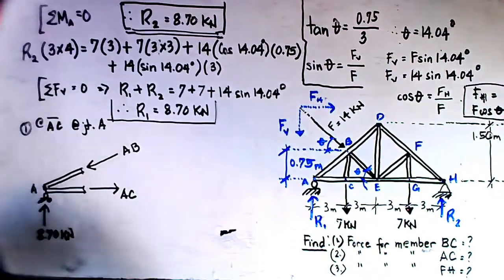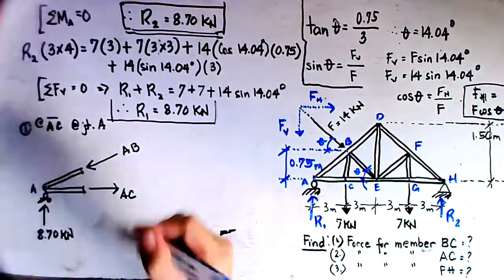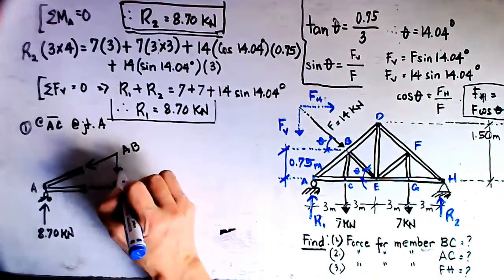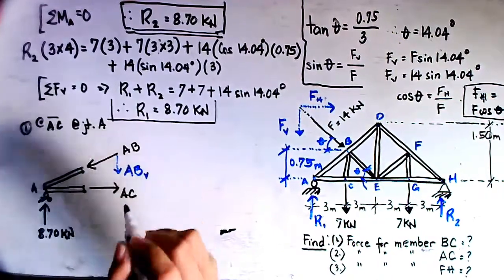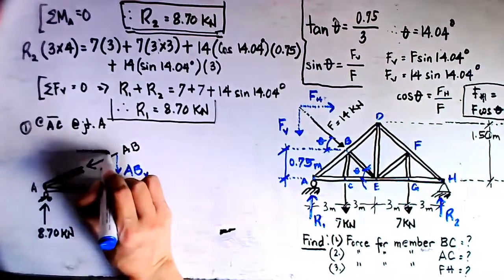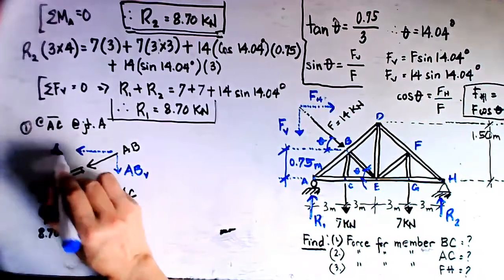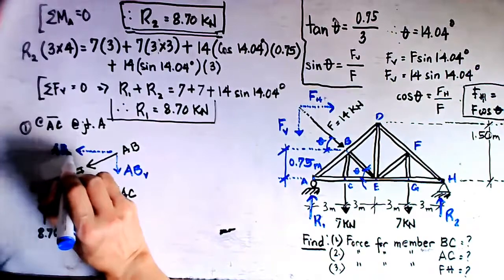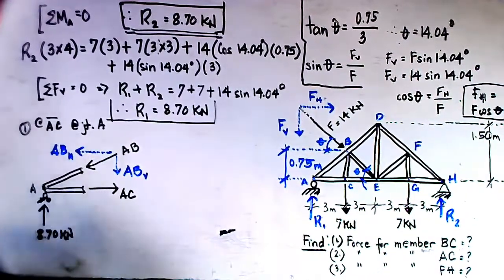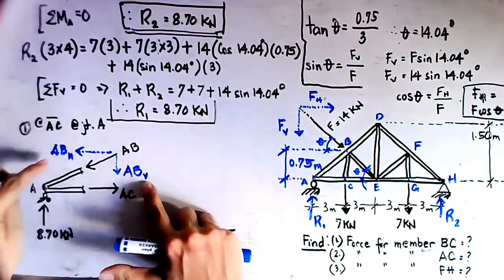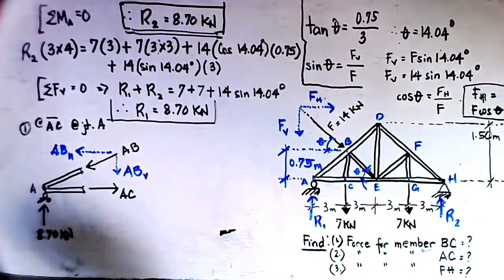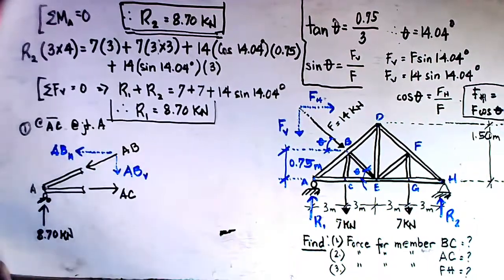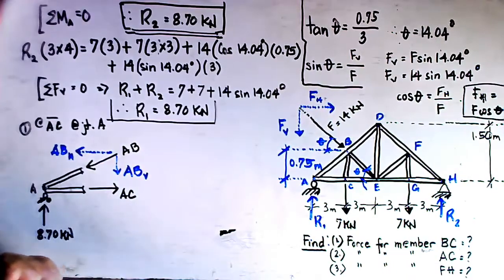So what we need to identify is the horizontal and the vertical component. So let's say this is the vertical component of the member AB, and this is the horizontal component. So what we are going to do is to determine the horizontal and the vertical components of the member AB before we go through the determination of member BC.